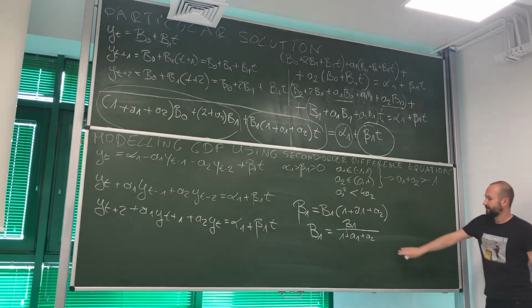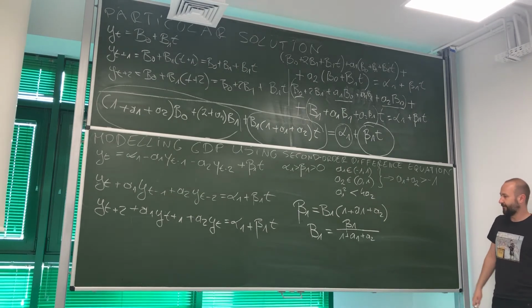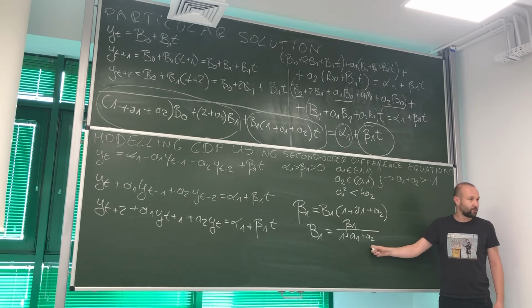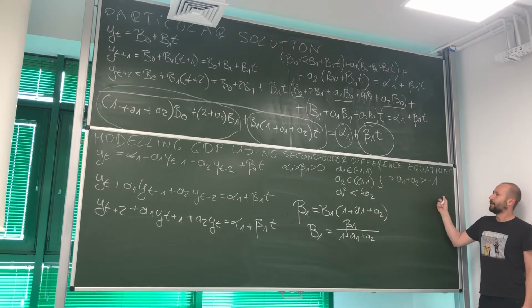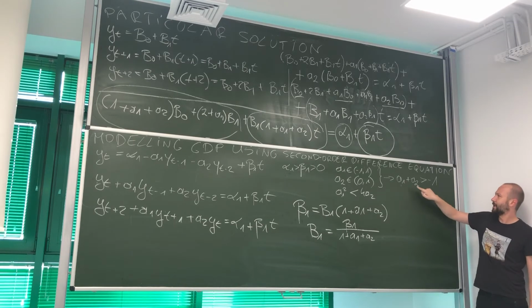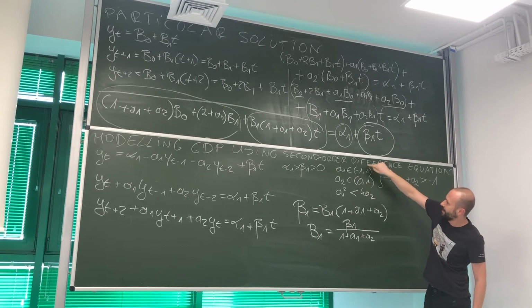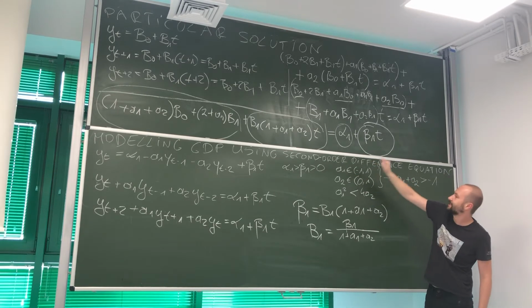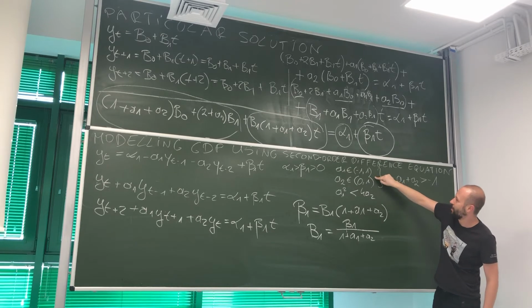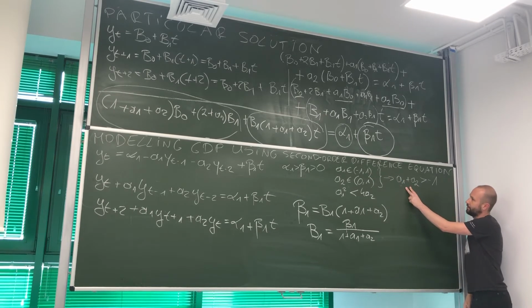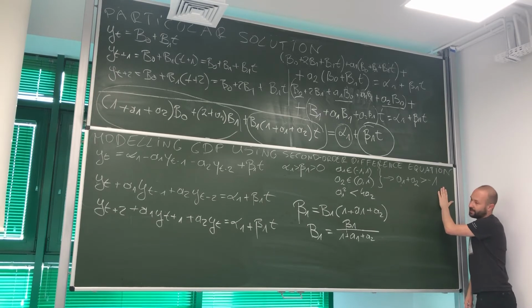However, there is an issue here. What if a1 and a2 together are equal to -1? We're not gonna have a solution. But wait, we assumed that a1 is between -1 and 1, a2 is between 0 and 1, so the sum of the two must always be bigger than -1.